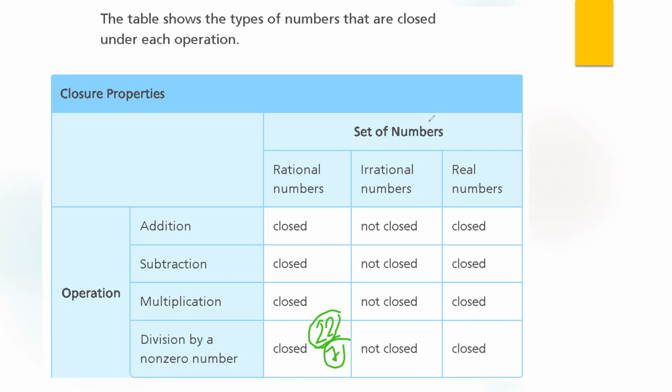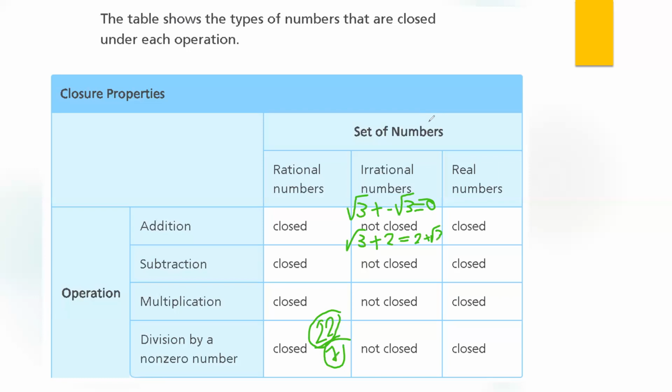Now look at the irrational numbers. The irrational numbers are not closed under addition. Not closed means sometimes rational and sometimes irrational. Like we saw before, square root of 3 plus negative square root of 3 is 0, which is rational. But if you add the square root of 3 plus 2, it's still irrational. That's why it's not closed.